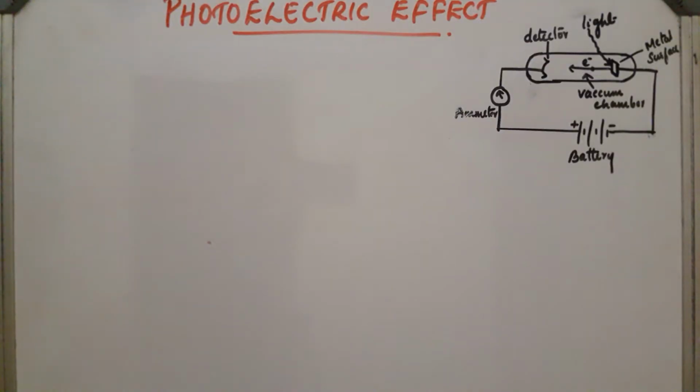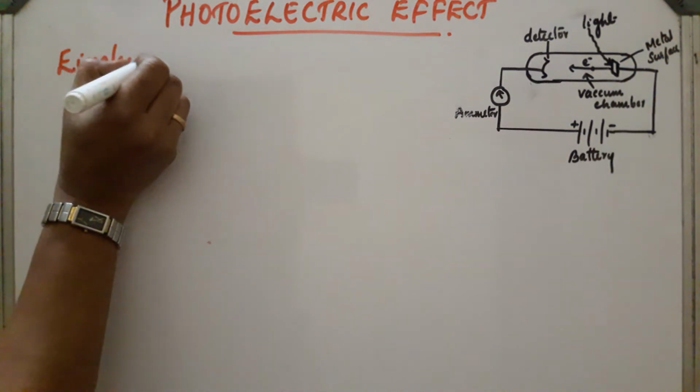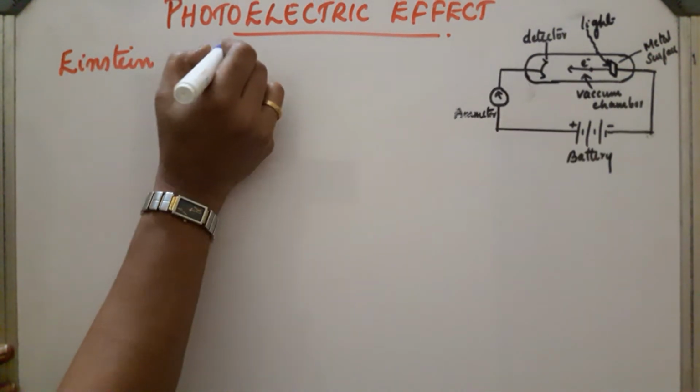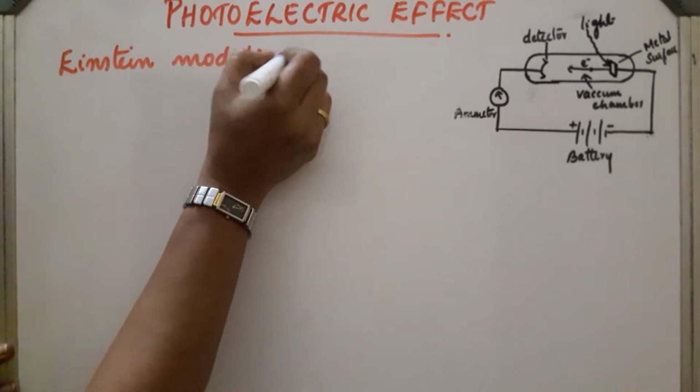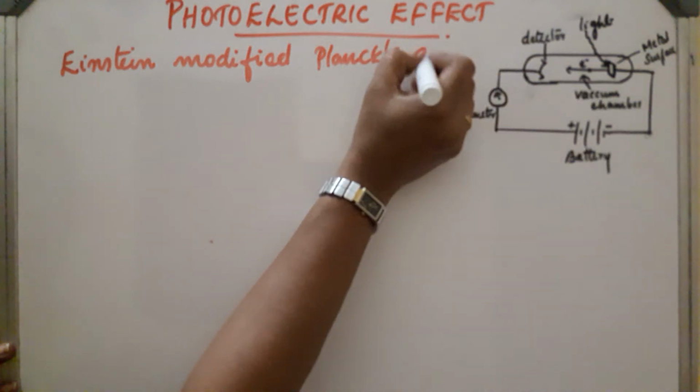So, in order to explain the photoelectric effect, Einstein modified Planck's quantum theory.